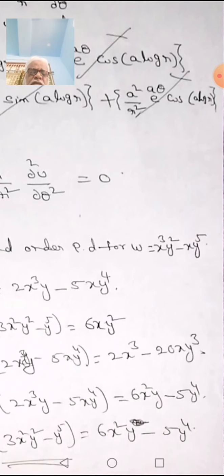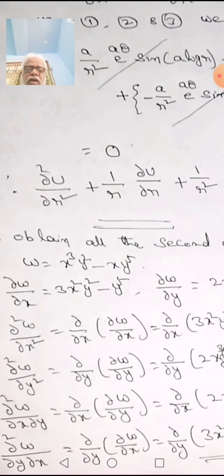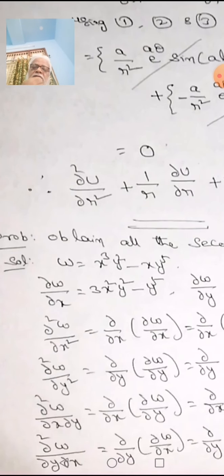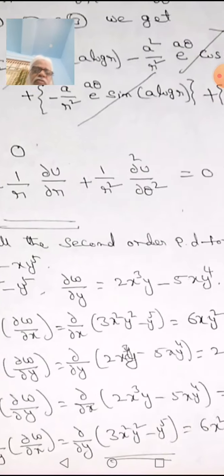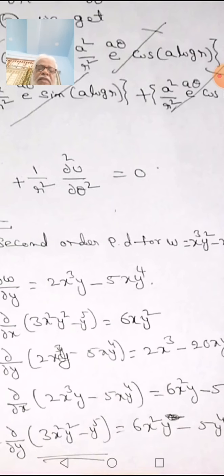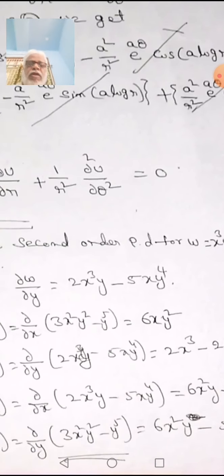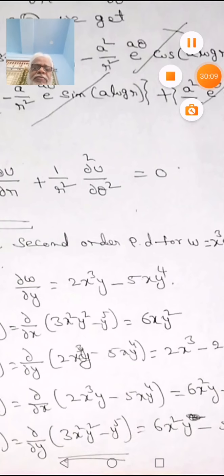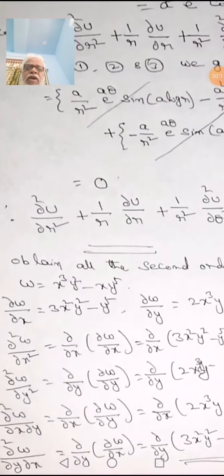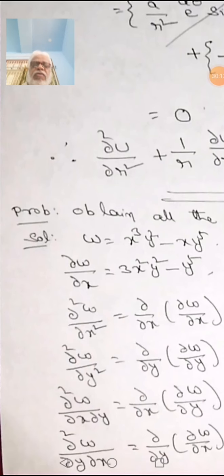You see, similarly, already we know that the value of ∂²w/∂x∂y is equal to ∂²w/∂y∂x. In this case also we prove that they are the same, 6x square y minus 5y power 4. That's why we can find all the second order derivatives.